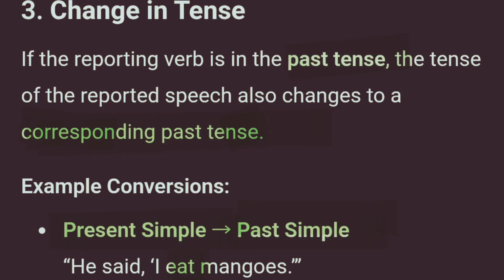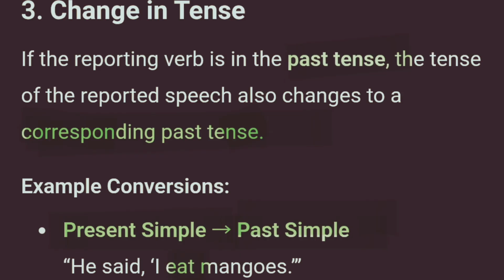Third one, how to change tenses in indirect speech. If the reporting verb is in the past tense, the tense of the reported speech also changes to a corresponding past tense. Let's see some examples given below for better understanding.